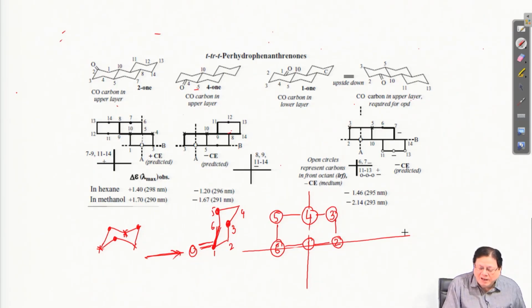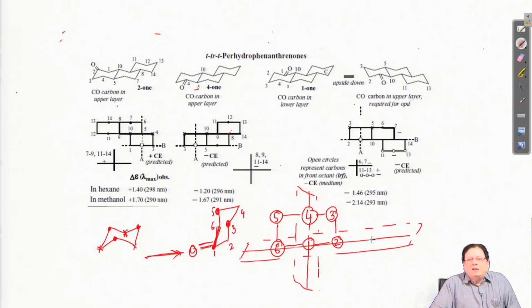One plane is going through this line and the other plane is going through that line. So, what we are drawing is the intersection of the two planes, drawn as a projection. This is the basic diagram you should remember.